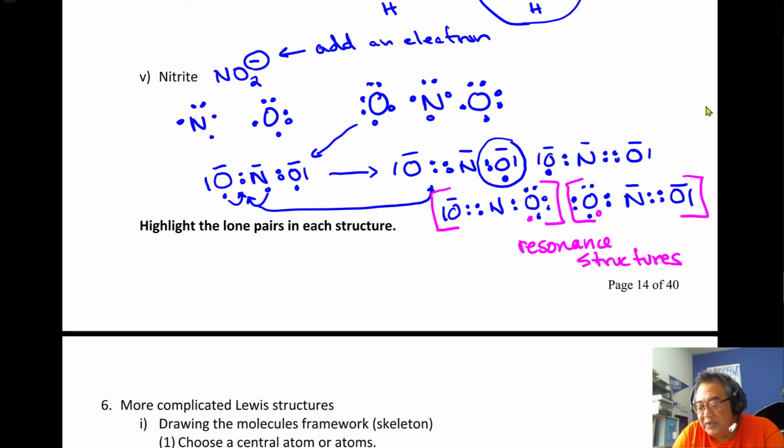I definitely didn't leave enough space to do all this stuff. But we would put this arrow that looks like a two-headed arrow in between there to show that these are two forms of the molecule, that the molecule is sort of in between. It's like the average of these two structures. It's okay at this level, I think, to think of it as going back and forth between these two, because the electrons are spread around, and in a sense it kind of is going back and forth, but they're spread around in the bonds like that.